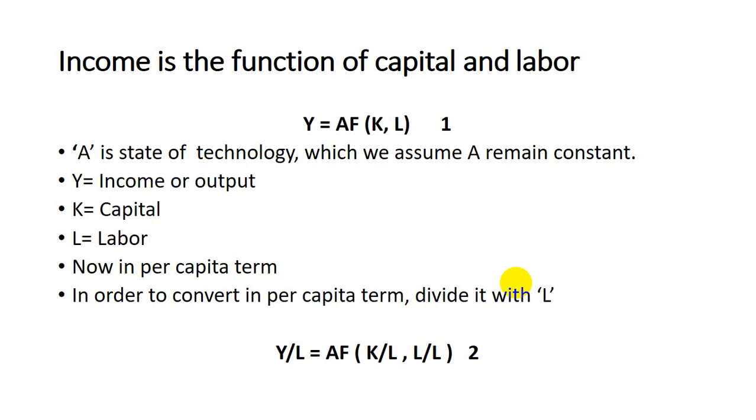In the Solow model, he ignores the role of the second function of investment, which is income generation, because this function basically belongs to the aggregate demand side. This income is generated due to demand. Solow ignores the role of this demand in his model, and he focused more on the supply side.